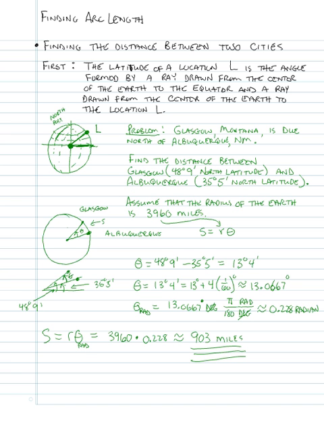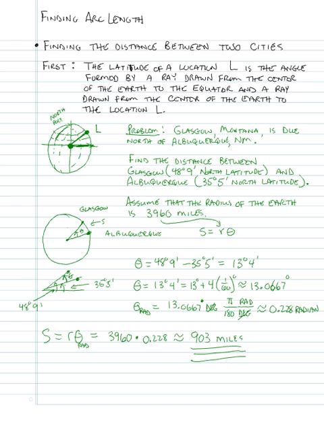Now, once we know that arc length, we could anticipate what the angle is going to be. We would measure in a way where we know the latitudes, and so we know the angle between the two cities as well.